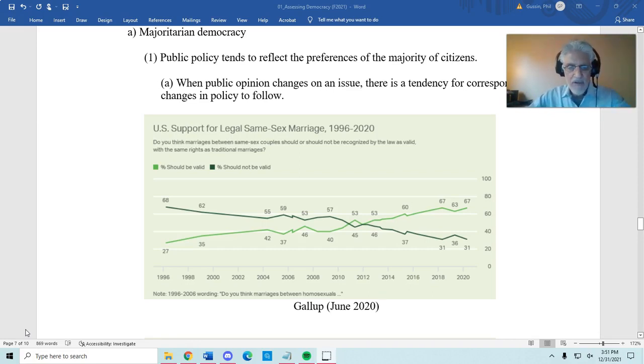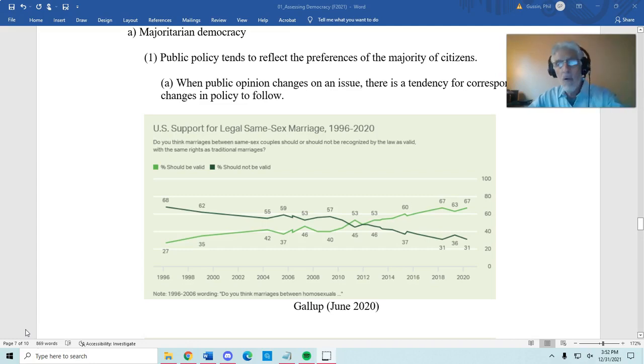If you look to the far left of the graph, in 1996, 68% said that it should not be recognized as valid with the same rights as traditional marriages. Only 27% thought that they should be recognized as valid and given the same rights. So 68% not valid, 27% valid.